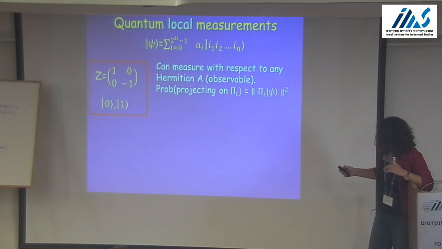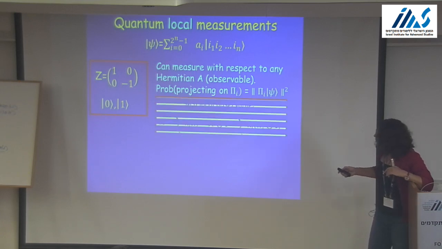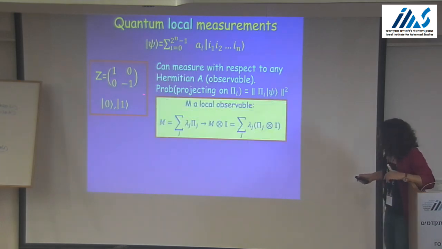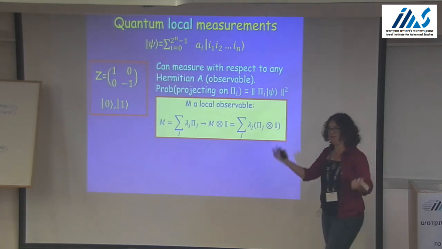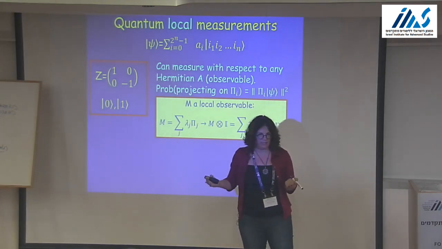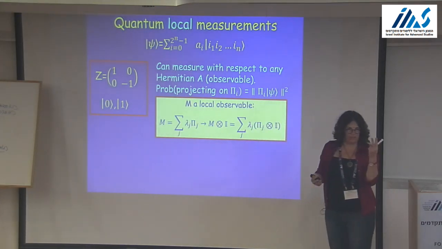For example, how do I measure the first qubit in the basis of Z, in the eigenbasis of Z? Well, the idea is simply to look at this observable as a tensor product with identity on the rest. So the eigenspaces of this observable, when viewed as an observable acting on n qubits, are just two of them.